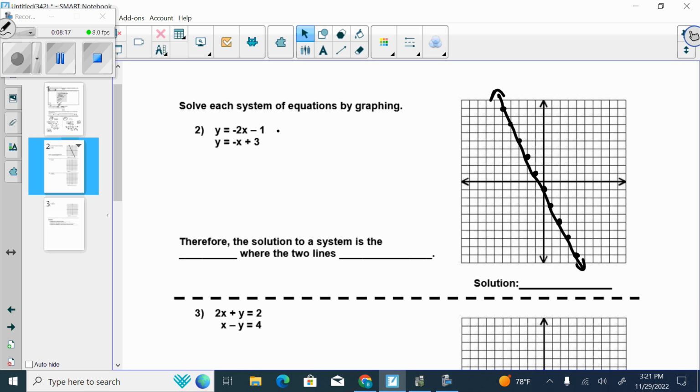Okay, the second equation, is it in y equals mx plus b form? Yeah, so it's ready to go. Where is that one going to start at? Positive 3, good. And my slope tells me to go where for that next point? Good.